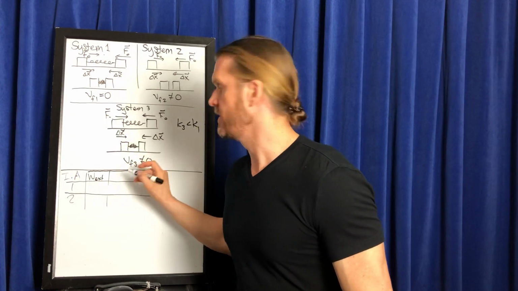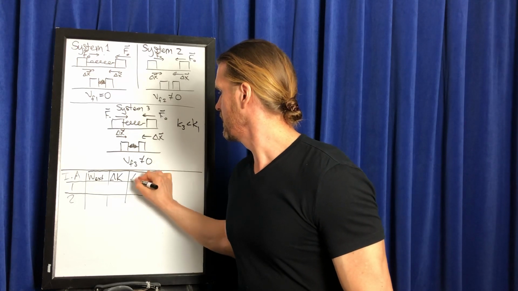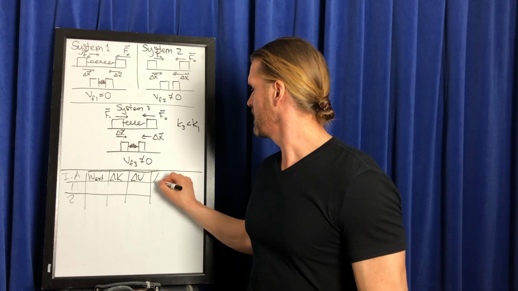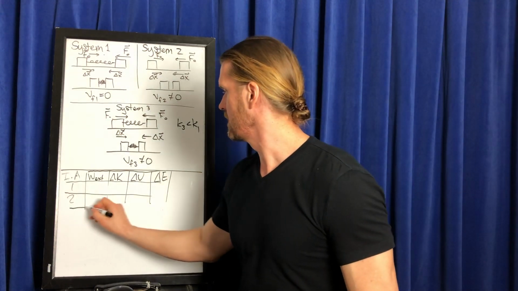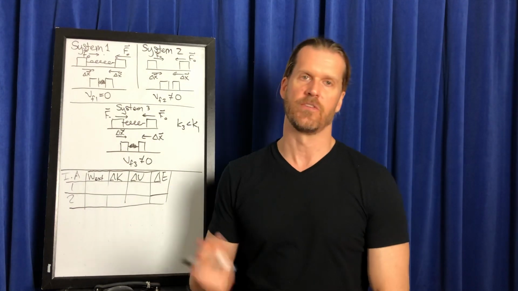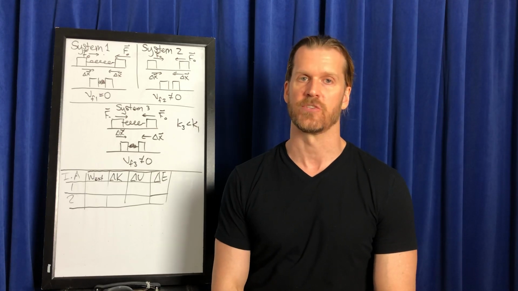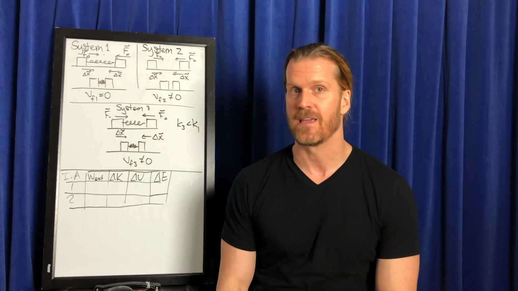The next quantity is the change in kinetic energy, delta K. Then the change in potential energy, delta U, and finally the change in total energy. I'm using the symbols that the tutorial uses, K for kinetic energy, U for potential energy. Those are just other symbols that mean the same thing as KE and PE.